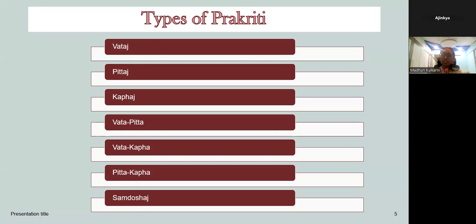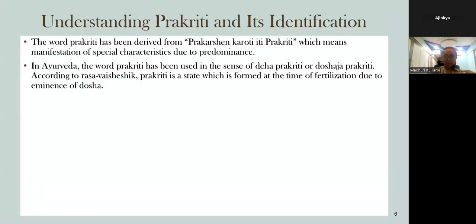Now the question is, is it always physically possible for the doctor to examine the patient through the pulse and then identify the Prakriti? Or is there another way to identify Prakriti? Charak Samhita, the ancient text, states some questions.